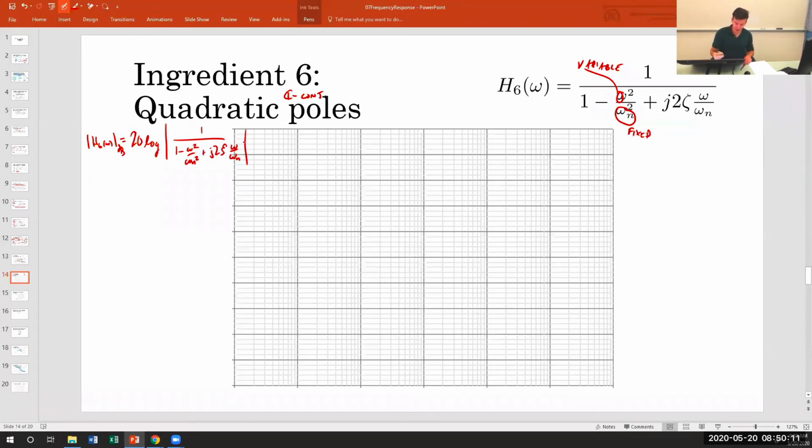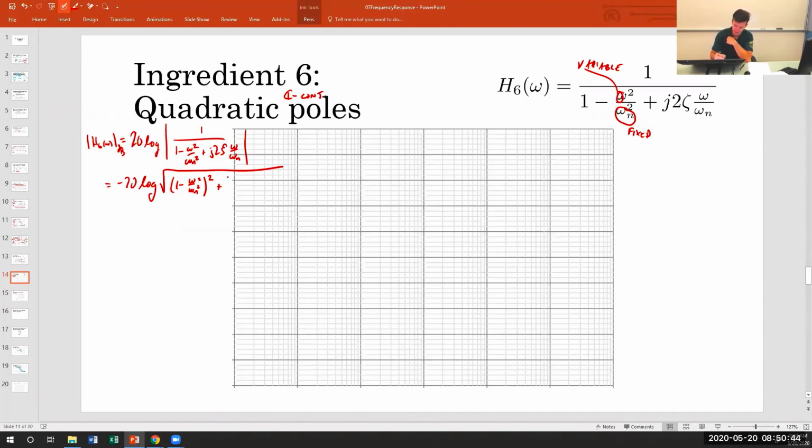Okay, so this is the log of a quotient, which means I can pull the negative 1 out. So this looks like negative 20 log the magnitude of the bottom, but the bottom is a complex number, which means we should be able to use the Pythagorean theorem to work out its magnitude. So this would be the root of the real part squared, 1 minus omega over omega n, inside squared and outside squared, plus the square of the imaginary part.